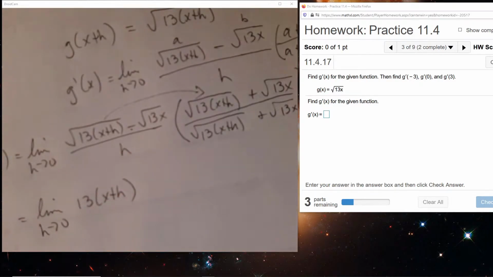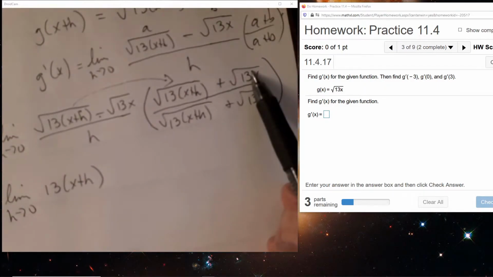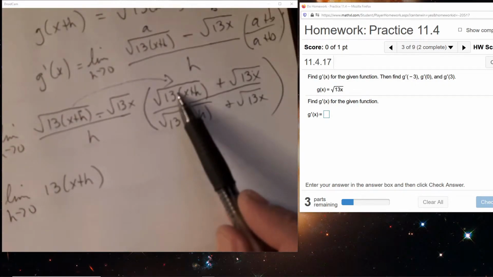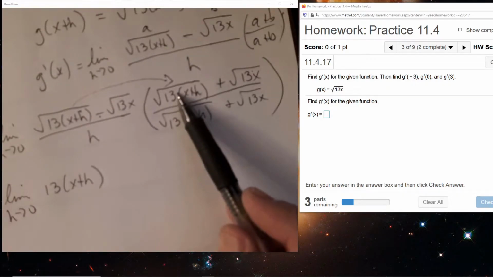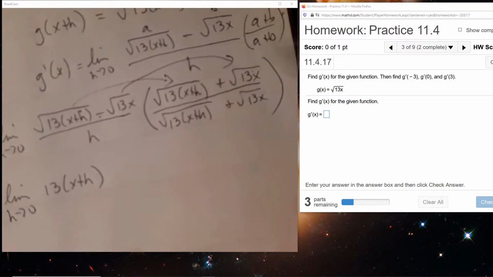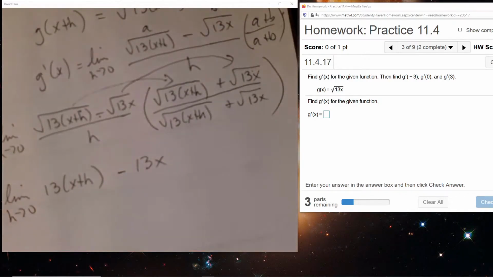Now this first term times the second term, and this second term times this first term will always subtract out with difference in squares. And so the last thing to do is minus square root of 13x times positive square root of 13x, which would give us a minus 13x.